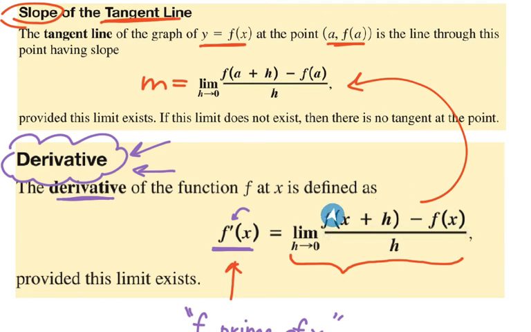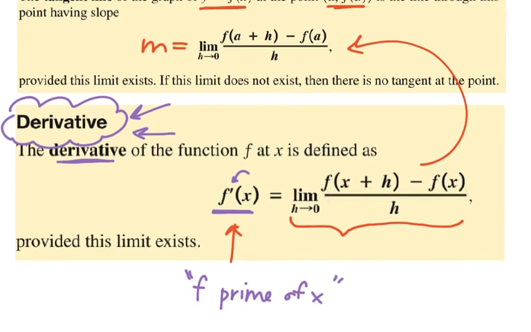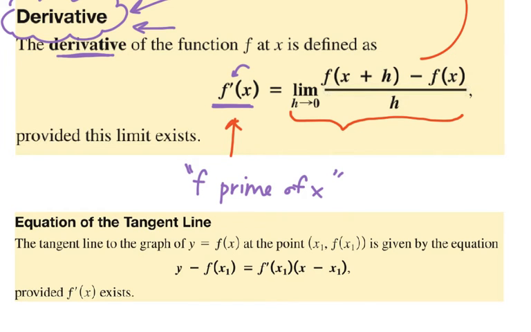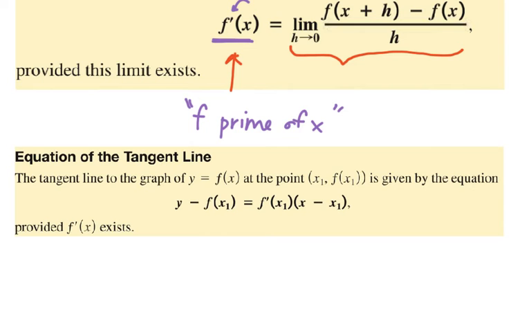This is my derivative. And if we know the slope of the tangent line, if we know a slope, we can find that derivative. We can write the equation of the tangent line at that point. So this is just our point slope formula that we're looking at here.